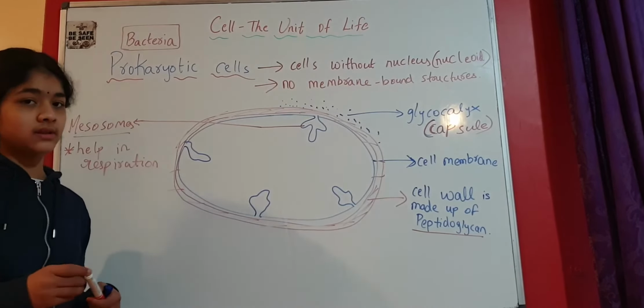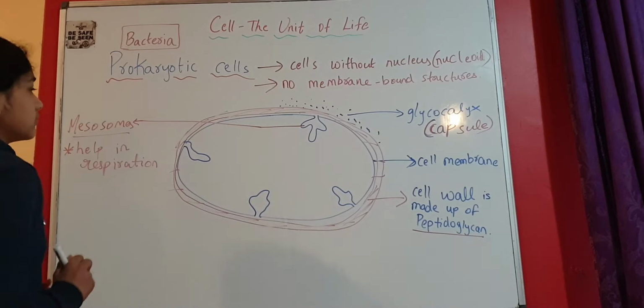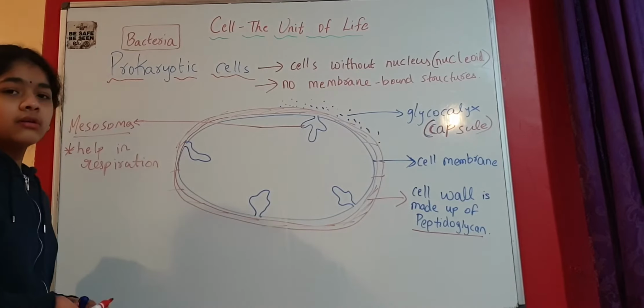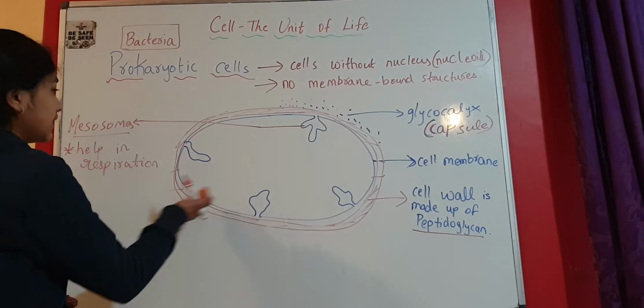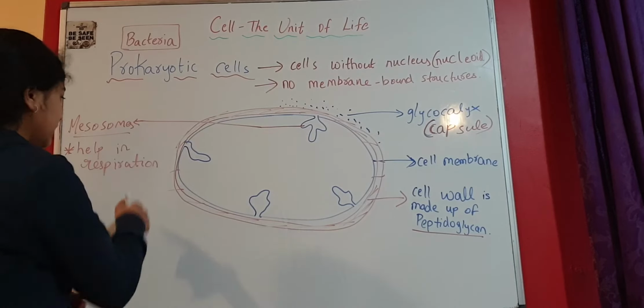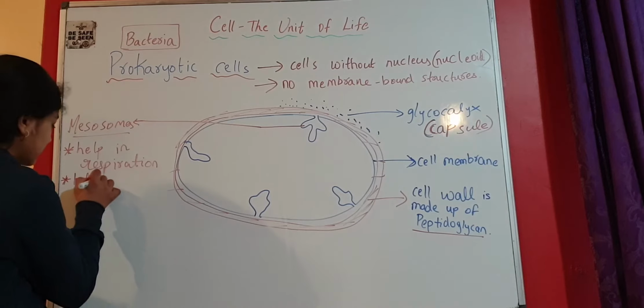It helps in cellular respiration. That's the function of mesosomes. And we know that mitochondria is not present in prokaryotic cells because it's a membrane bound organelle. So in place of mitochondria, mesosomes are there. And mesosomes also help in cell division.